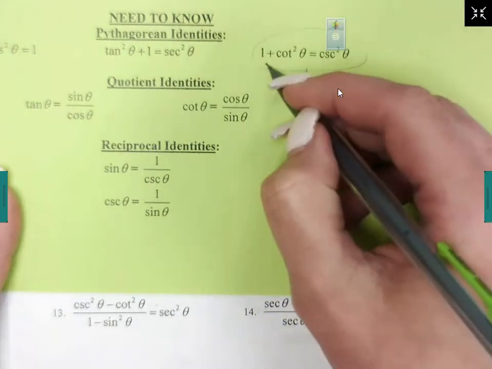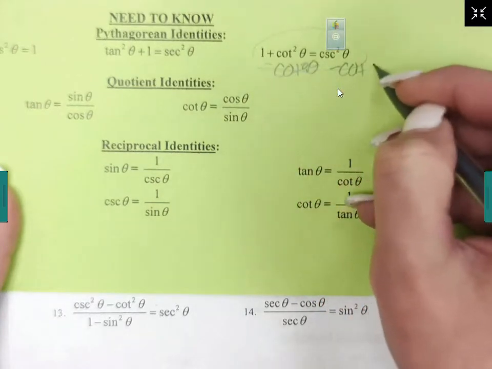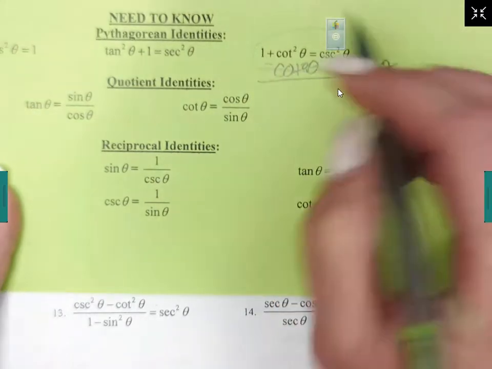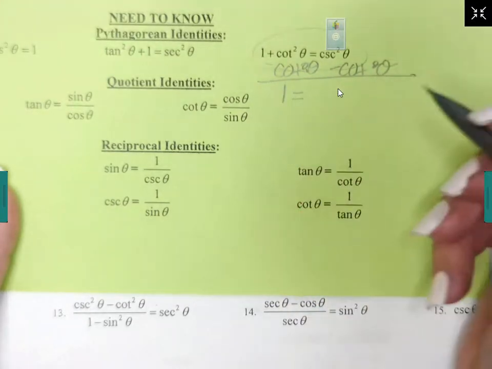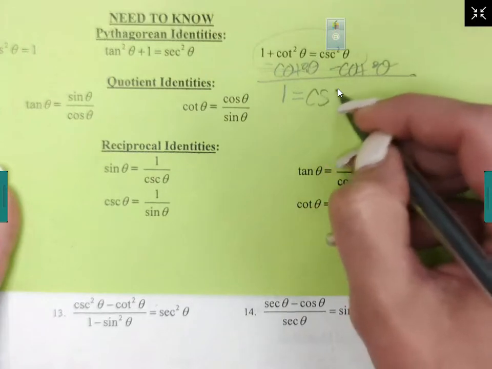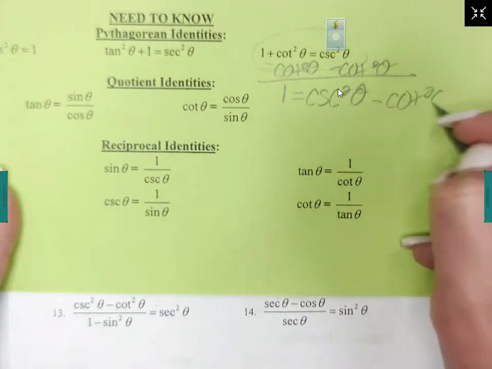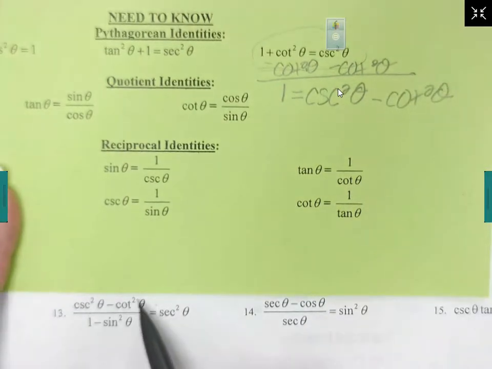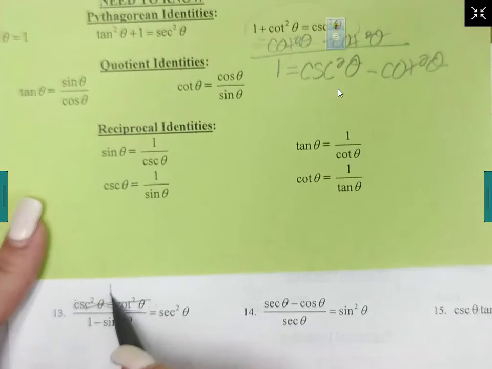We can transform this identity into another one that matches, which is 1 is equal to cosecant squared of theta minus cotangent squared of theta. So right here on problem 13, this is just the number 1.